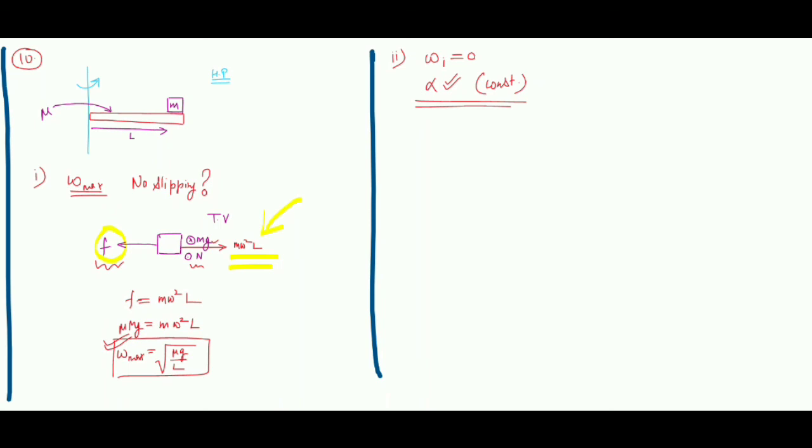But over here, this plank is having tangential acceleration also, alpha into L. The plank is not only having centripetal acceleration at the point where the box is kept, it is also having tangential acceleration. Now, who will provide this tangential acceleration? Friction only. So this time friction is not only providing centripetal acceleration, friction is also providing tangential acceleration.